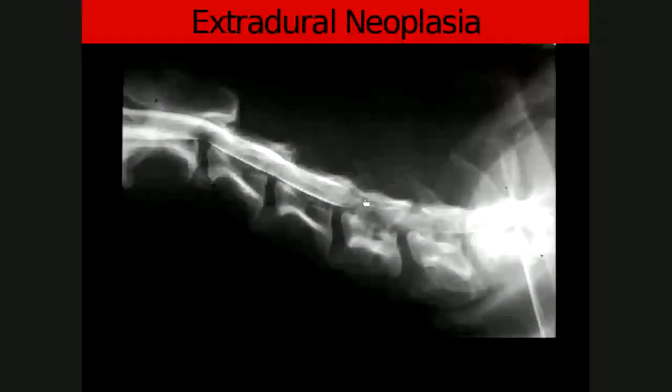The differentials, for example, might be a bone tumor, like an osteosarcoma. In this case, unlikely because I don't see any changes to the vertebral body. It could be a soft tissue neoplasm, which is often not seen on radiographs. Something like a peripheral nerve sheath tumor or a meningioma might be extradural. Or it might be something completely different, like a lymphoma.